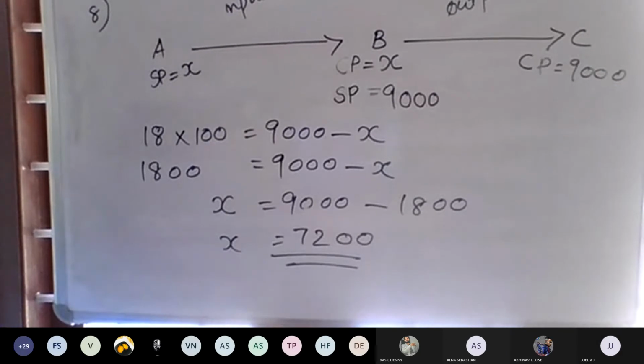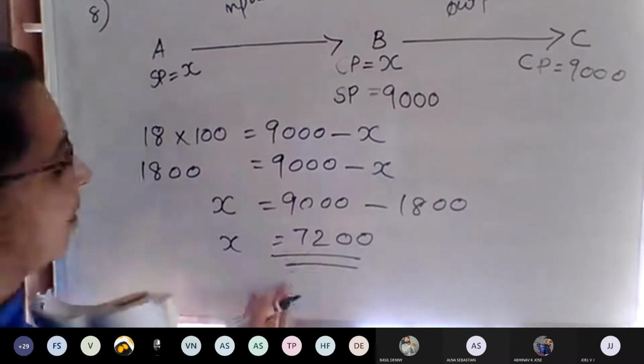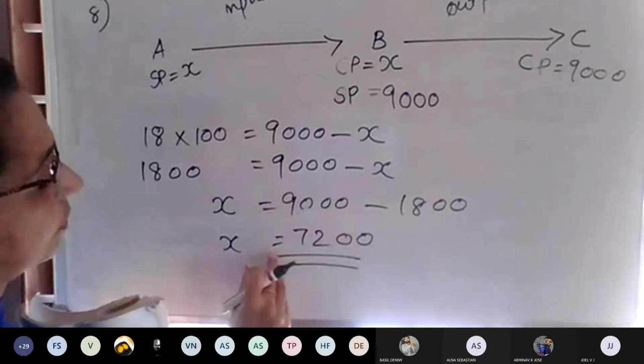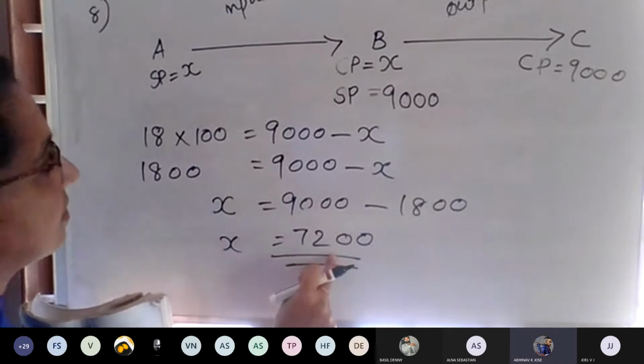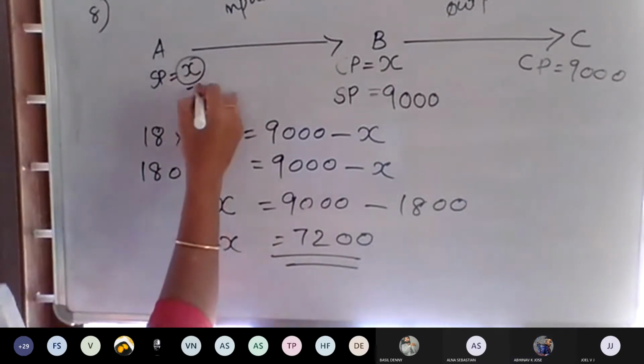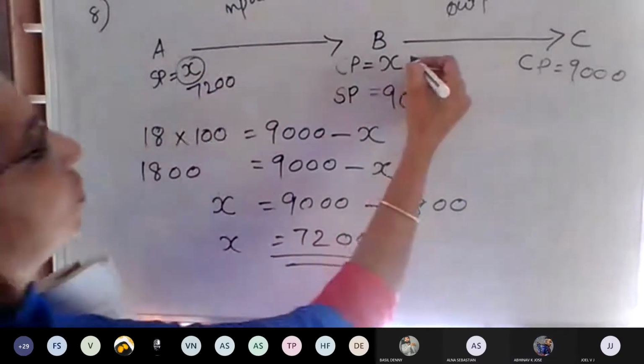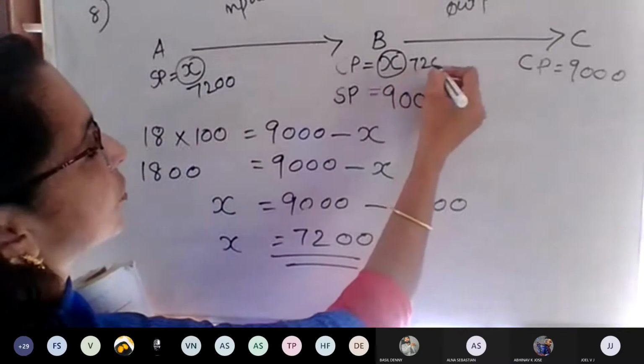Inclusive of dealer B. The selling price is 7,200. Any idea? Yes, X is given as 7,200. Now we got this as 7,200.